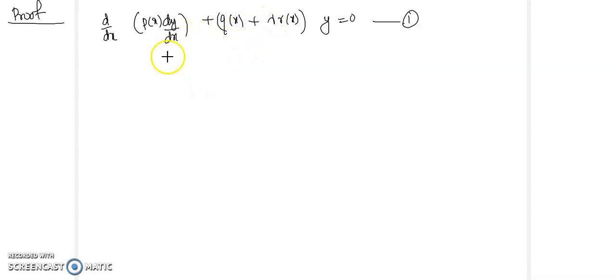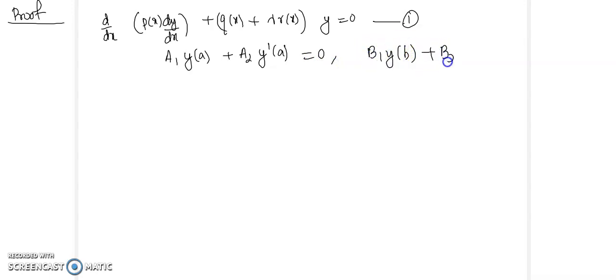We have the boundary conditions a1 y of a plus a2 y dash of a equal to 0 and b1 y of b plus b2 y dash of b equal to 0. Let us call these two equations 2.